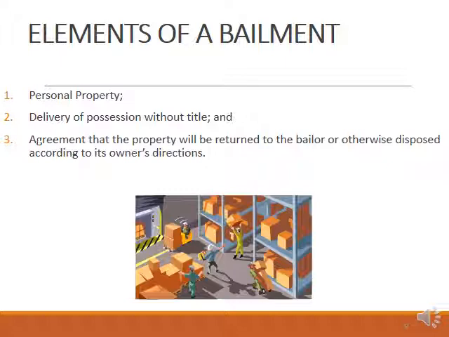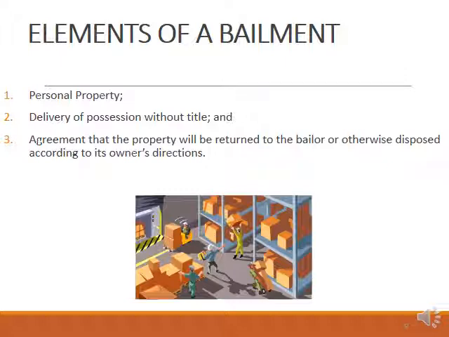They should give it back to me. So that's the difference between a gift and a bailment in one distinction. For there to be a bailment, there has to be control, exclusive control, or some type of control given to the actual bailee. And so that's something to think about when you're talking about a bailment.